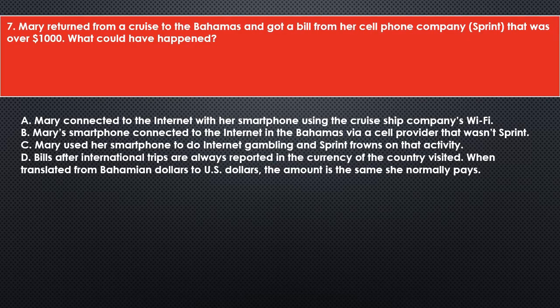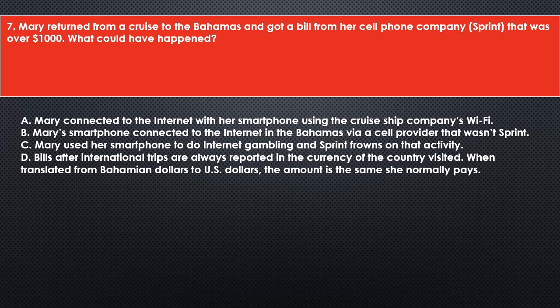7. Mary returned from a cruise to the Bahamas and got a bill from her cell phone company, Sprint, that was over $1,000. What could have happened? A. Mary connected to the internet with her smartphone using the cruise ship company's Wi-Fi. B. Mary's smartphone connected to the internet in the Bahamas via a cell provider that wasn't Sprint.